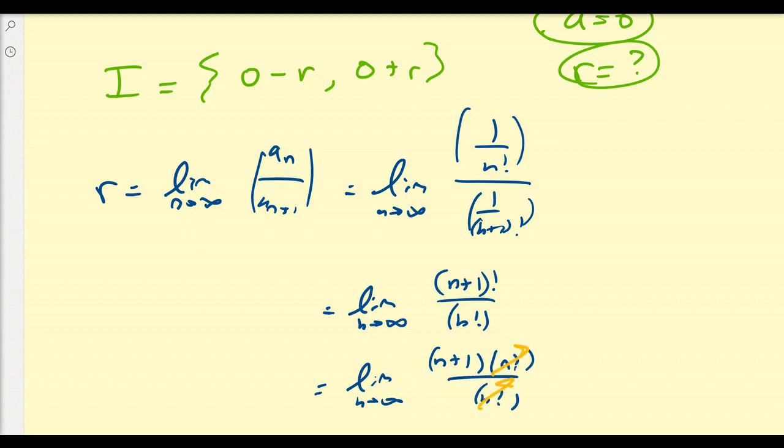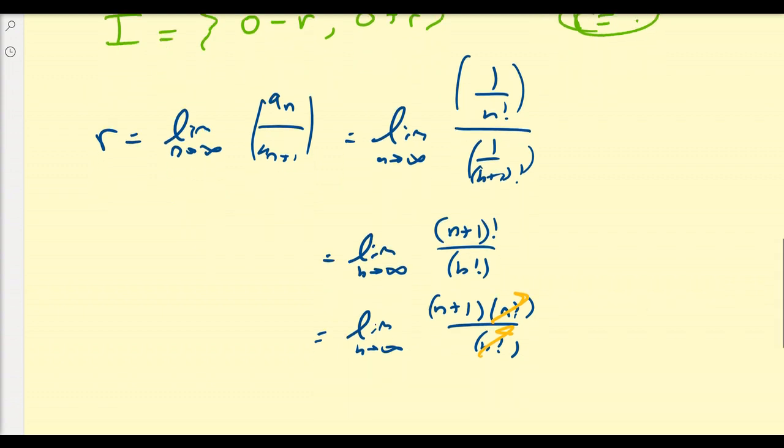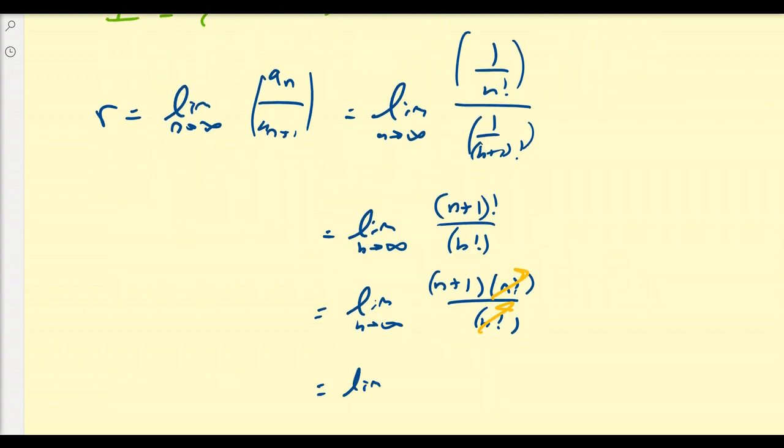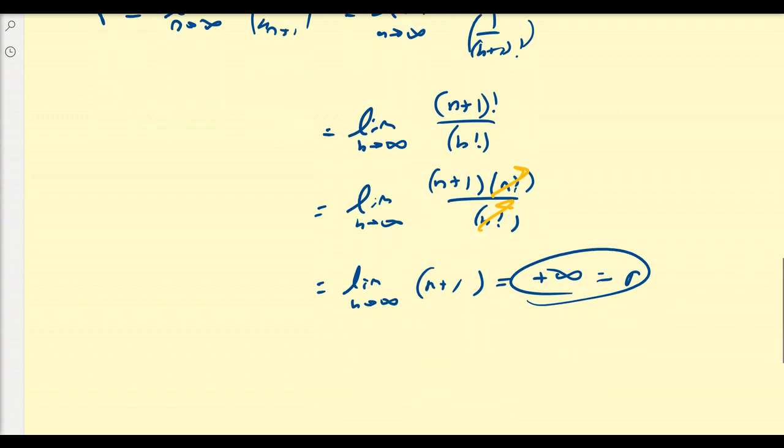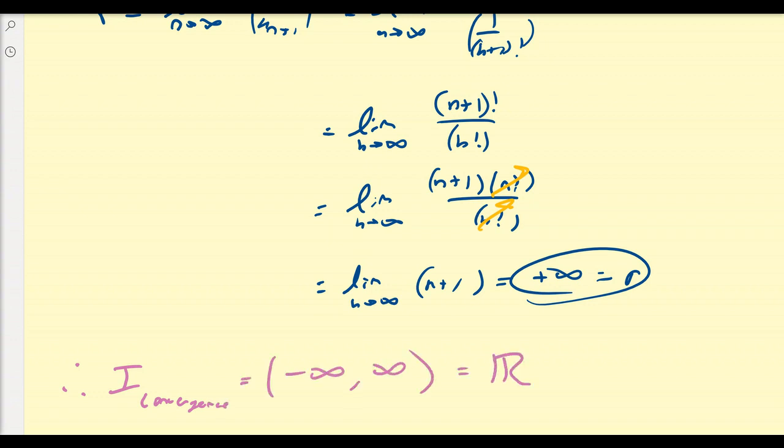Your factorial expressions cancel, and we have that this is equal to the limit as n goes to infinity of n plus 1, which we know is equal to positive infinity. So this is what r is. So the radius of convergence is infinity, which we sort of saw in the graphical demonstration. Therefore, the interval of convergence is minus infinity to infinity, which is the entire real line.